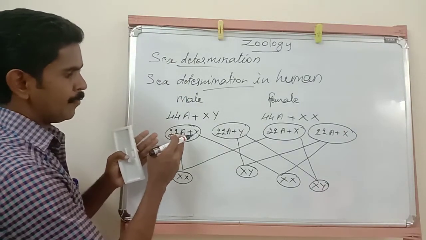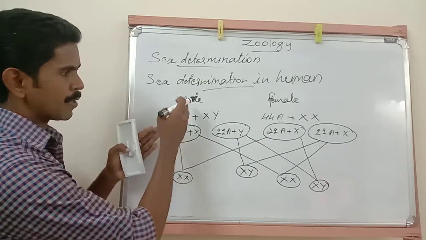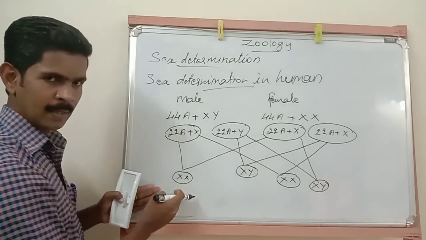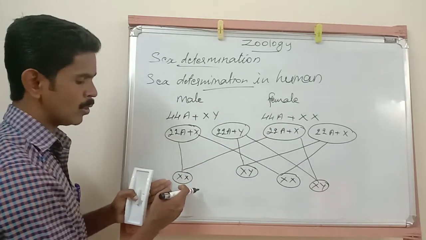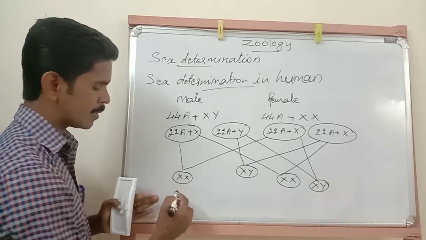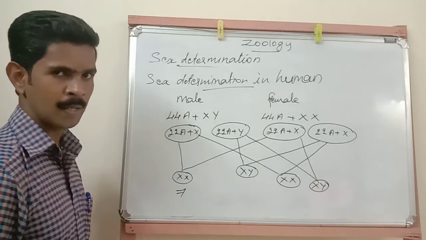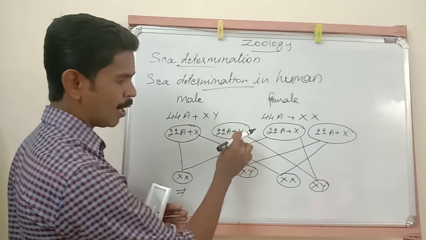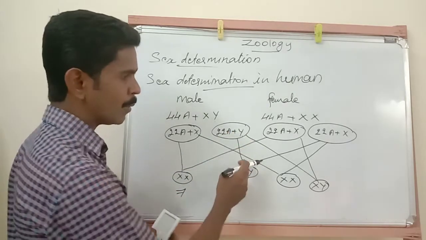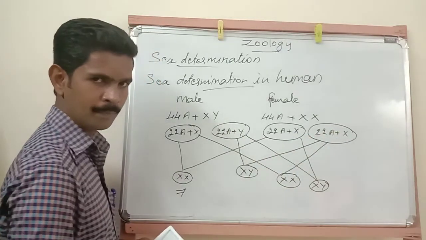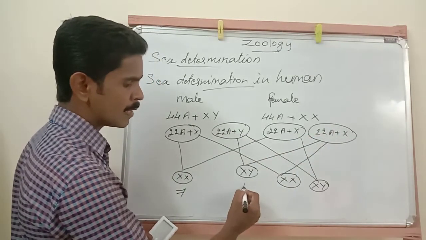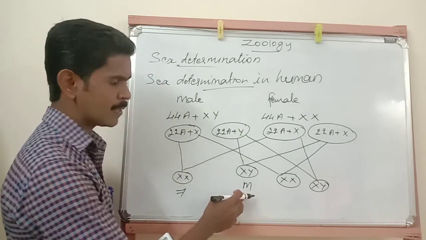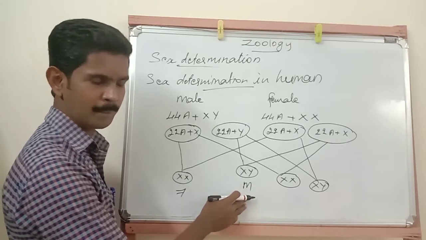So if an X chromosome is coming from the father and an X chromosome is coming from the mother, the fetus receives 2 X chromosomes, so the fetus is female. Then suppose the father gives one Y chromosome and the mother gives one X chromosome. So the fetus is in what condition? Male. The fetus is a male fetus or male baby.